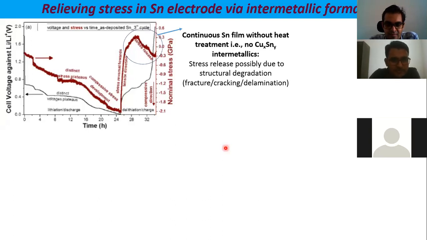During the course of structure degradation, your film also gets peeled off from the current collector. Due to this delamination, your active material will not participate in the cycling, because it will not get electrical supply from the circuit, as it is now delaminated from the material.